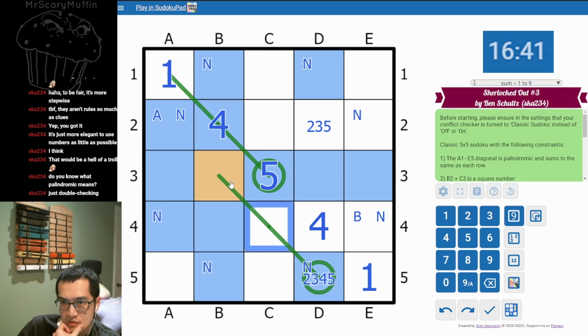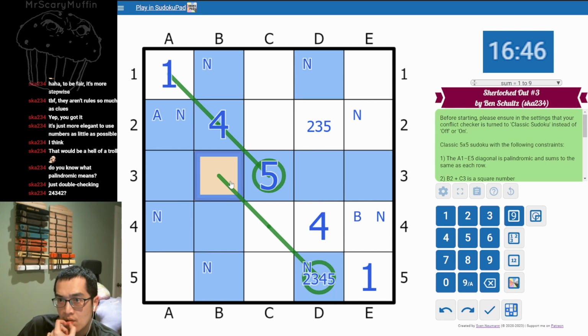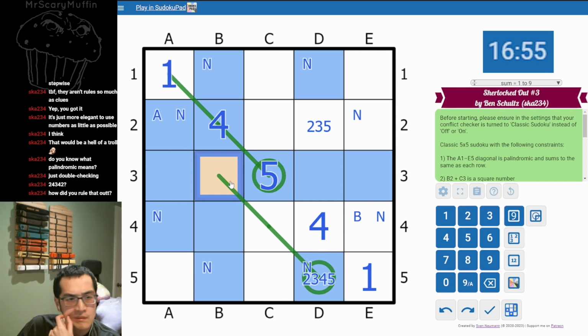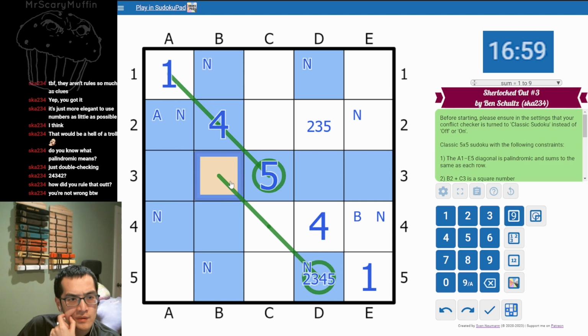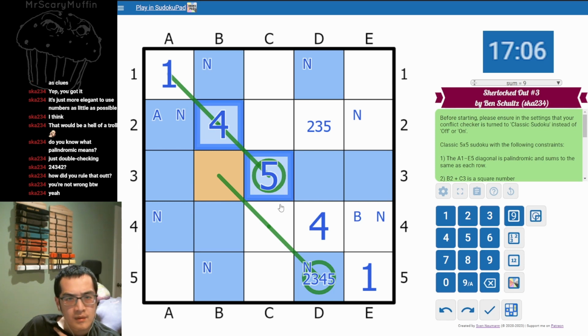If this is a 5, this would need to be a 2, 3. How did I rule out 2, 4, 2, 4, 3? It's because these two numbers need to be a square. Yeah, that's why my candidates were the way they were.